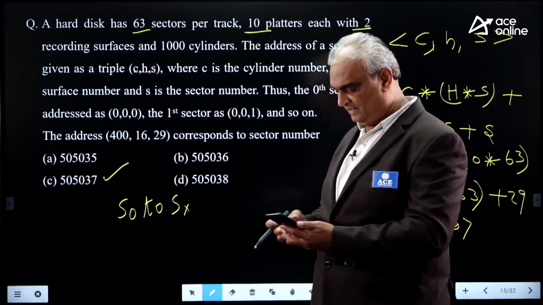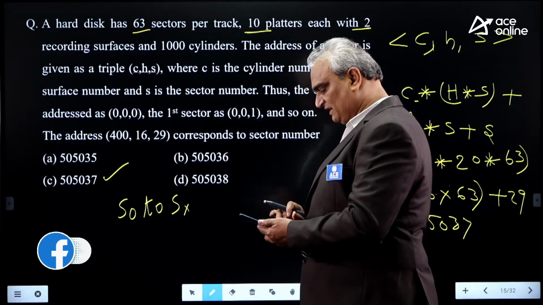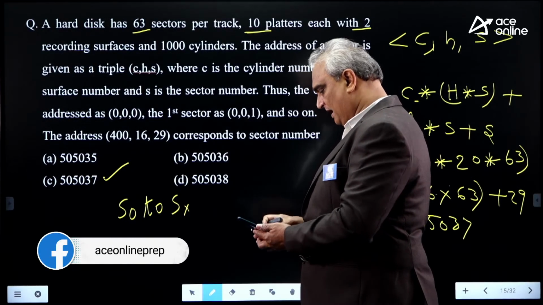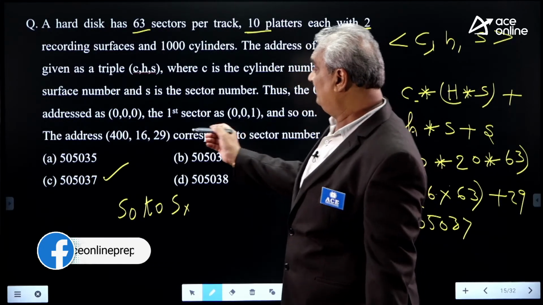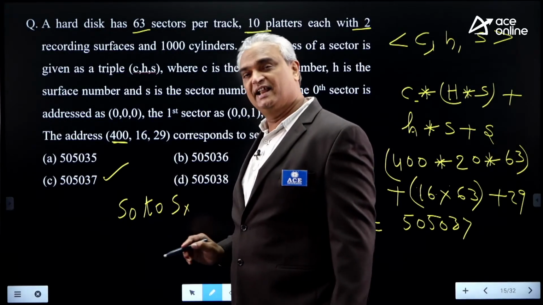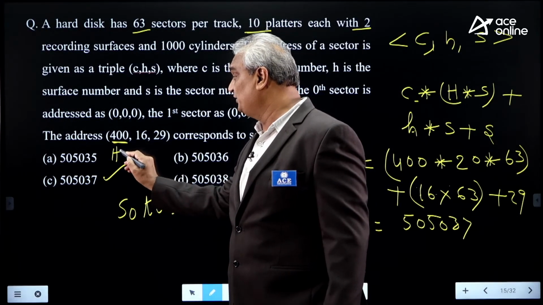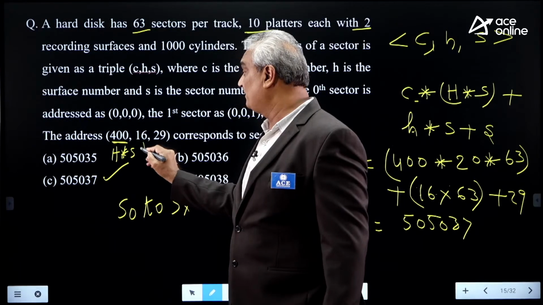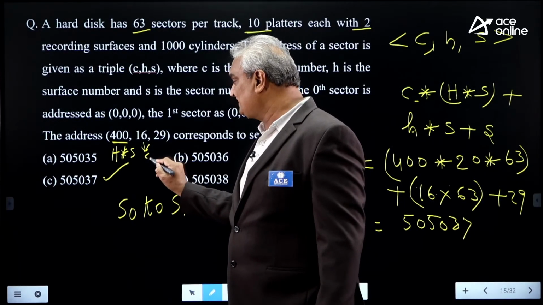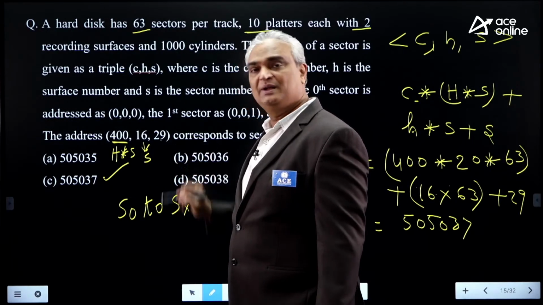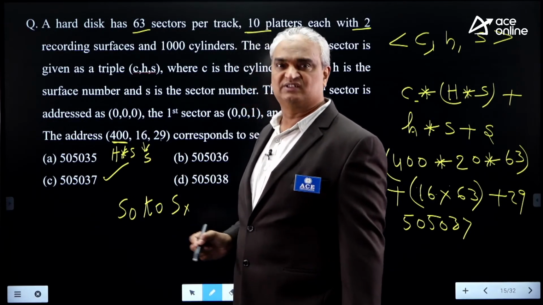Okay. Here, I am going to explain the same once again. It is the given cylinder number into H into S, and it is the given surface number into S here plus this one. What does H tell? Number of surfaces.